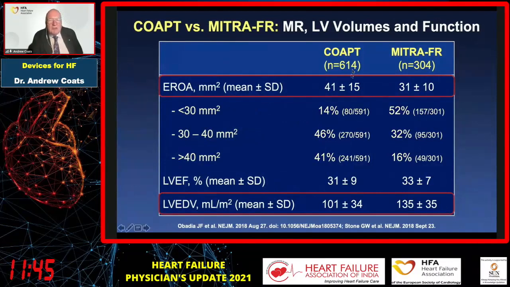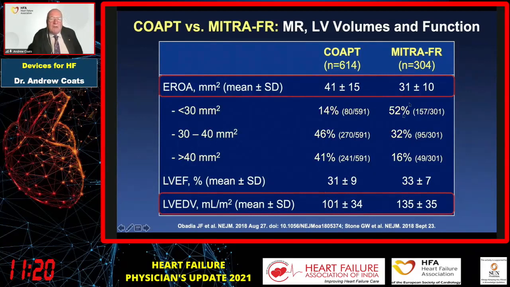COAPT was larger. They had slightly more severe mitral regurgitation. The effective regurgitant orifice area was bigger, 41 versus 31. Probably the reason the difference may have been that there was more severe MR, but less severe heart failure. So although the ejection fraction was similar, the LV end diastolic volume was 101 in COAPT.